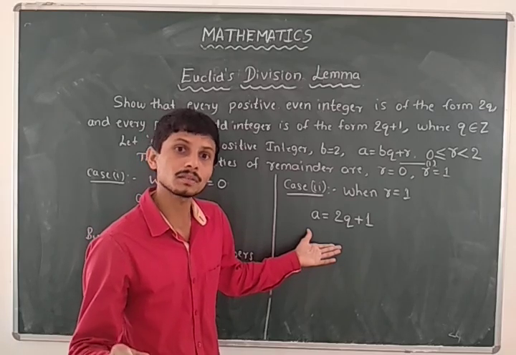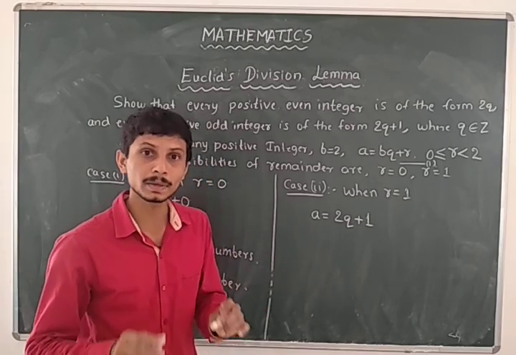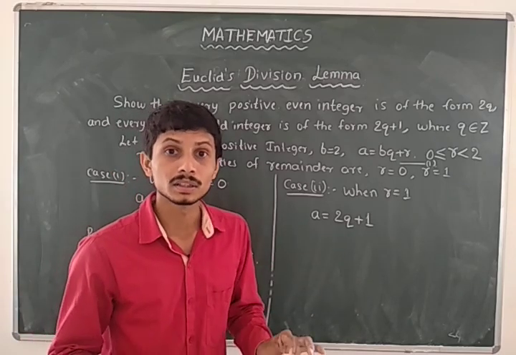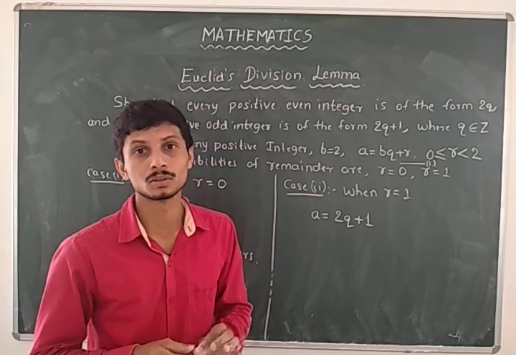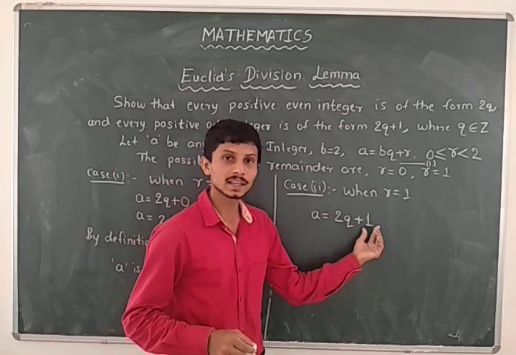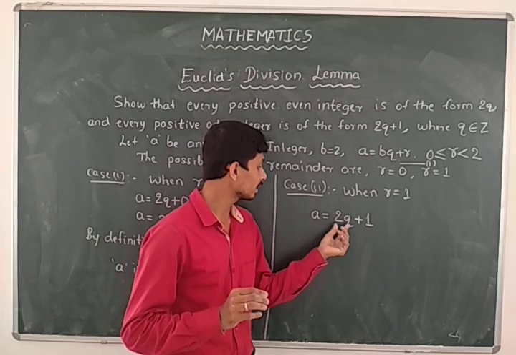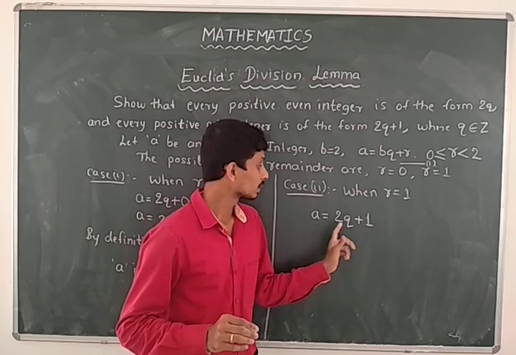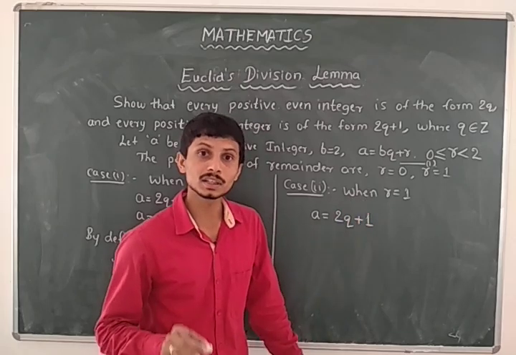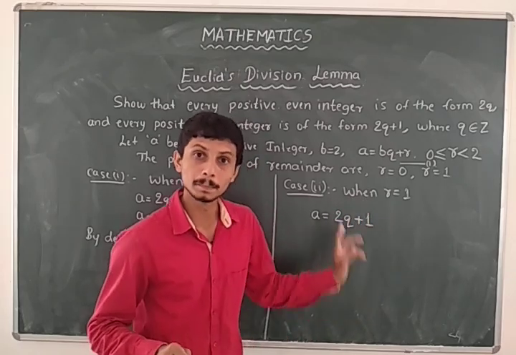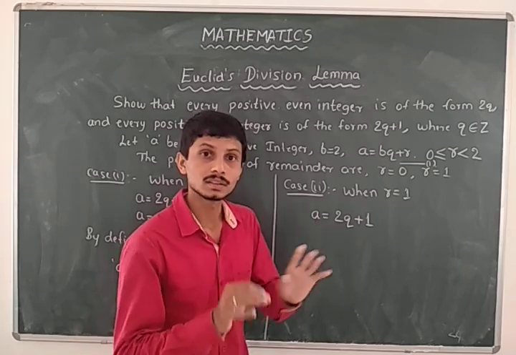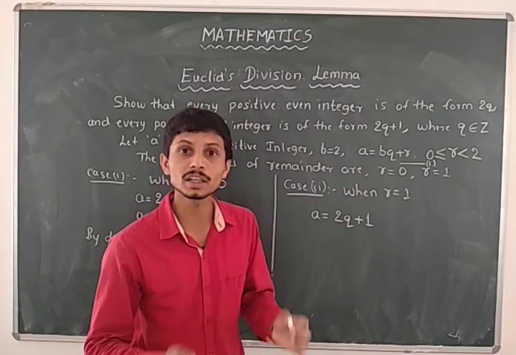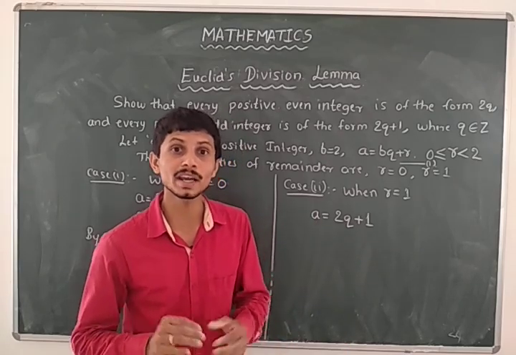any number we can call an odd integer if it is not divisible by 2 itself. Here there is a 1, that means when I divide this a by 2, I get the remainder 1, meaning this a is not completely divisible by 2.